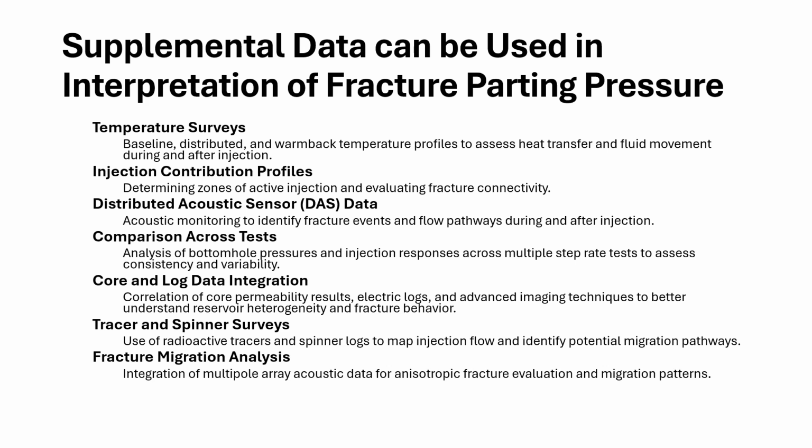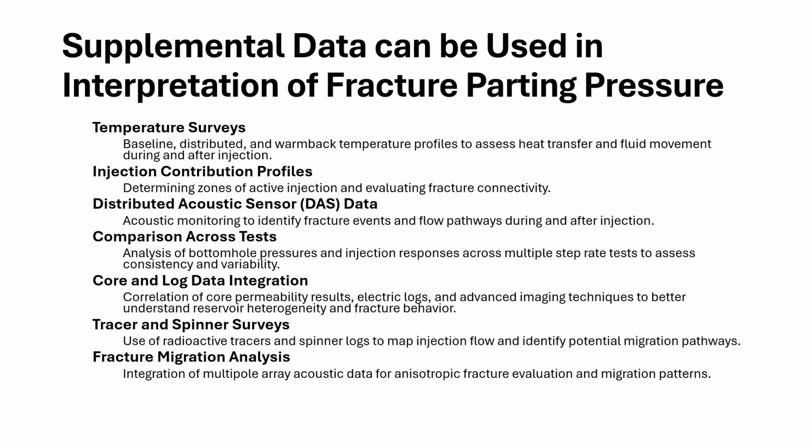You can take a look at core and log data and see if you can get a good idea of permeability, and maybe go further with advanced imaging techniques to better understand the reservoir heterogeneity and fracture behavior. And again, tracer surveys and spinner surveys can be used to map out injection flow and identify potential pathways of migrating fluid.